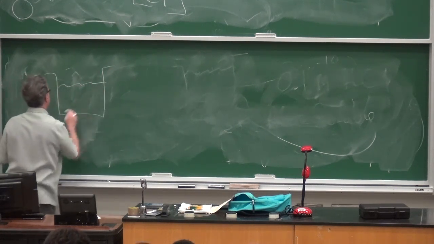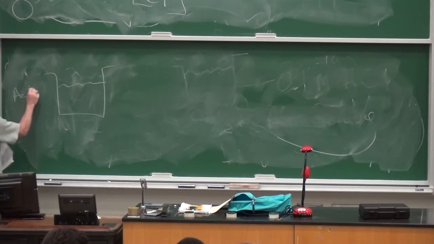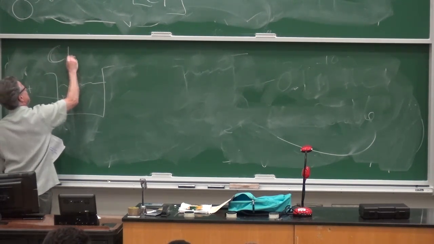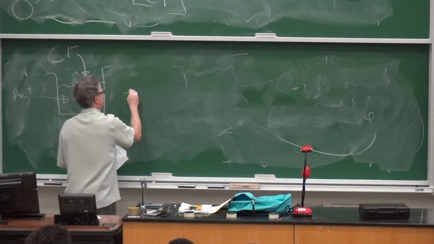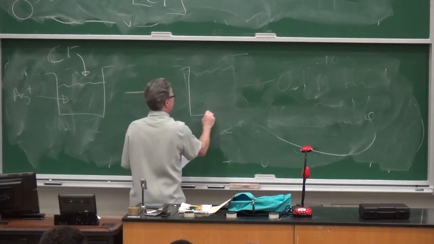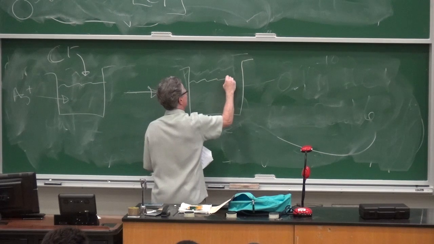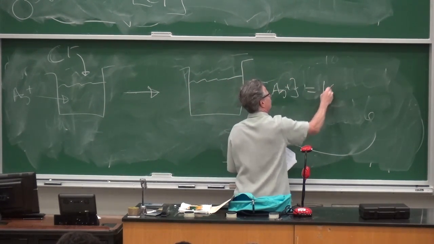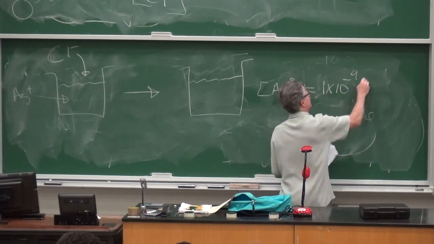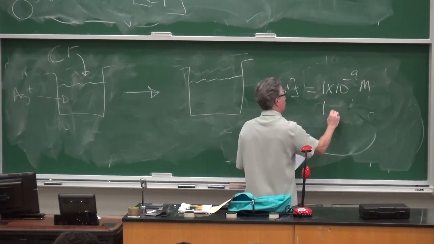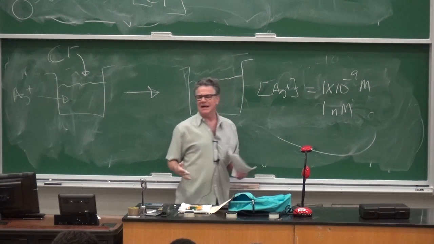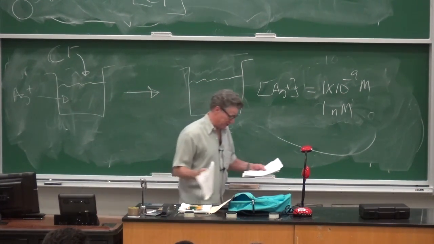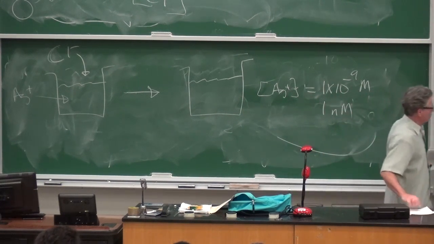So there was my solution with my silver, and I'm going to add the chloride. And I'm going to say, all right, if at the end of the day, when that's all done, the concentration of silver left in there is 1 times 10 to the minus 9 molar, or 1 nanomolar, then I can live with that. I mean, for gosh sakes, that's as close to 0 as you might want to get. So then, what do we do then?